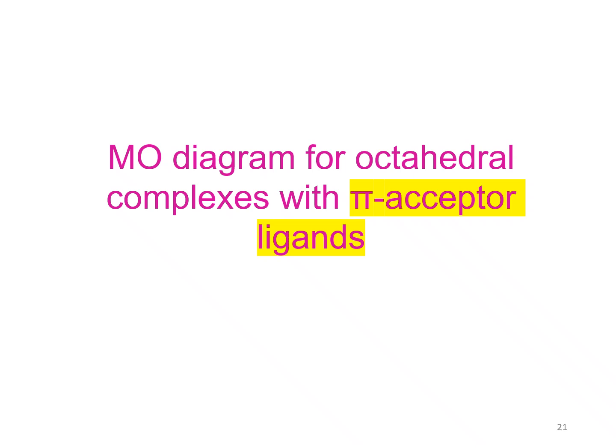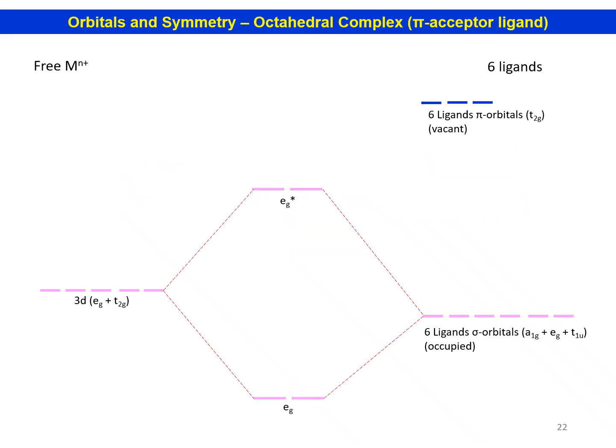A molecular orbital diagram for octahedral complexes with pi-acceptor ligands shows a little bit different from the pi donor ligands. The difference is in the level of the pi orbital of the ligand. The pi orbital of the ligand is a vacant orbital.